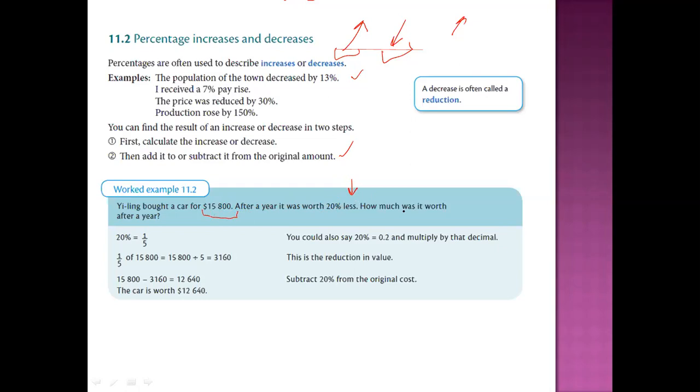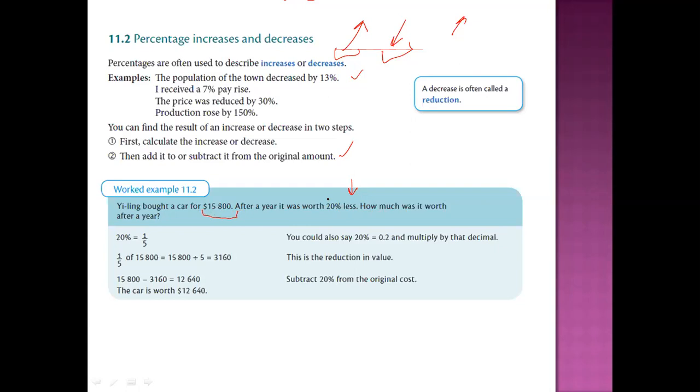So how much was it worth after a year? If you buy the new car for $15,800, and after a year it's worth 20% less, or decreased, or reduced, how much was it worth after a year? So how can we calculate it?